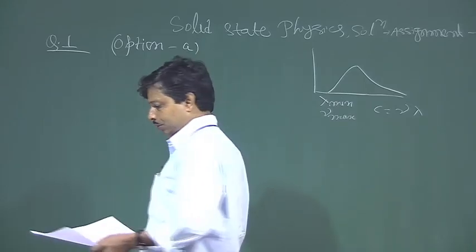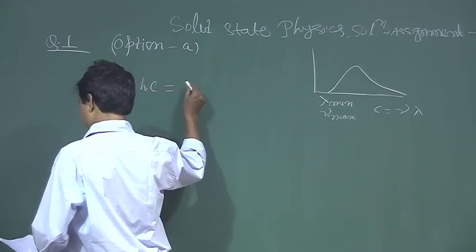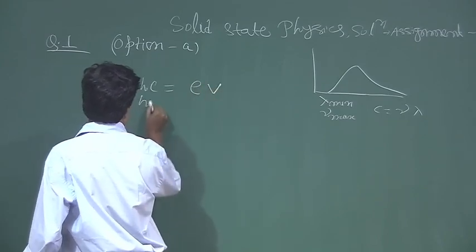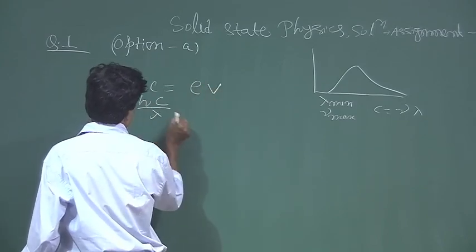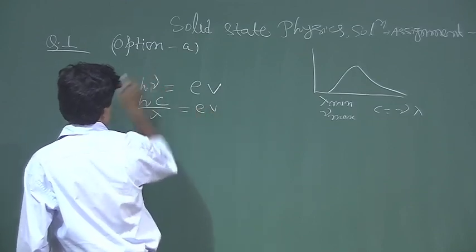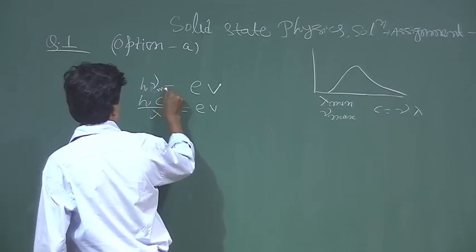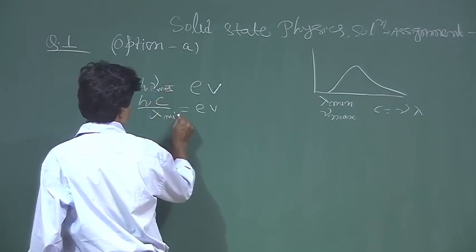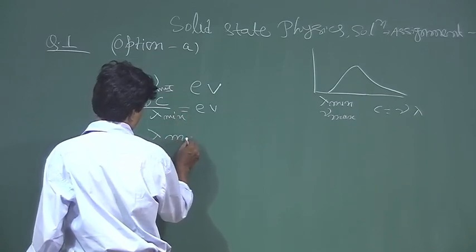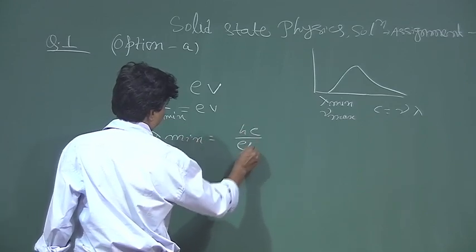So, we must write that h nu is equal to eV, where V is the applied voltage. This gives hc by lambda is equal to eV. So, when nu is maximum, lambda is minimum, and lambda minimum is equal to hc by eV.